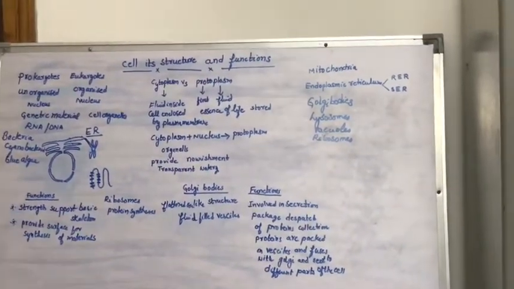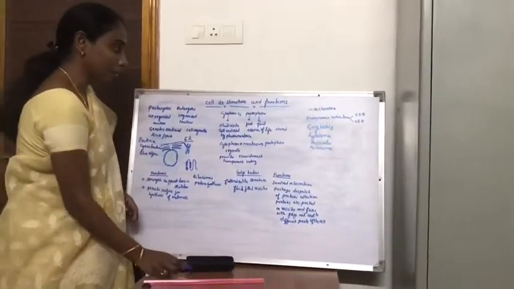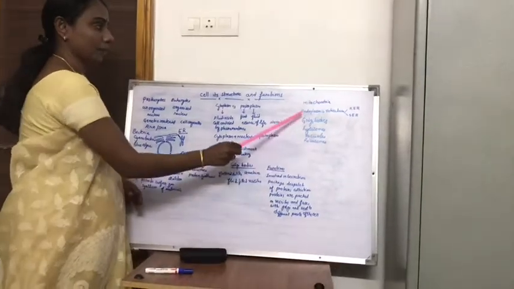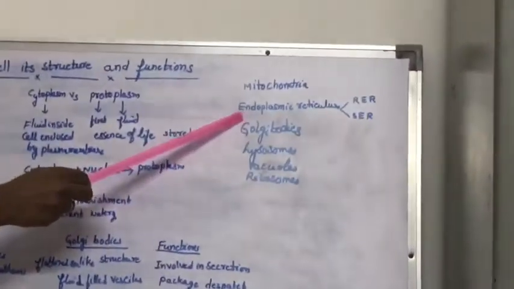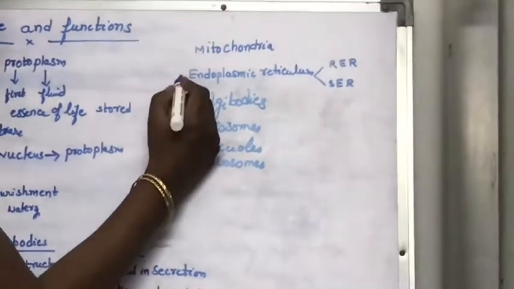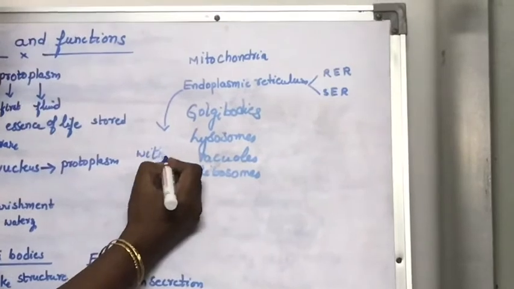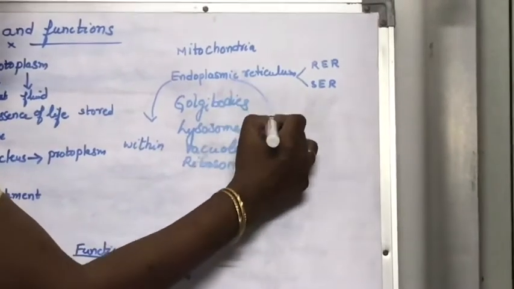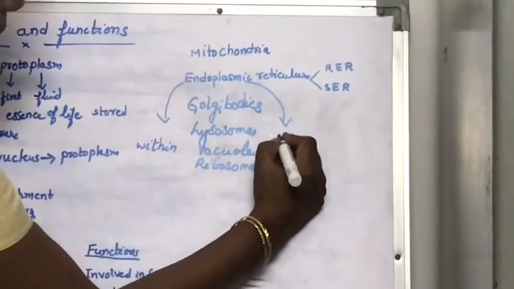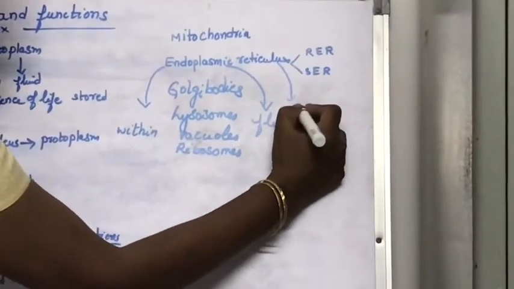Today, let us discuss another important cell organelle called endoplasmic reticulum. Endo means inside, within. Plasmic means fluid. Reticulum means network.